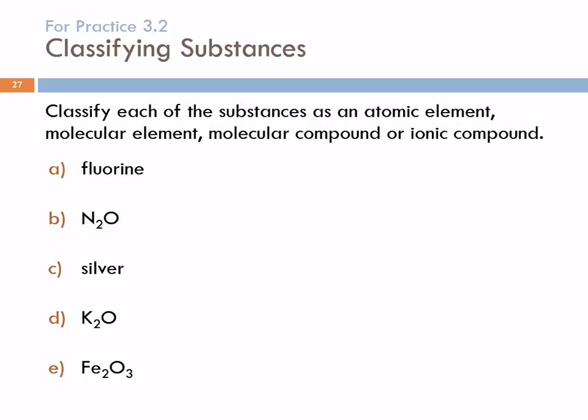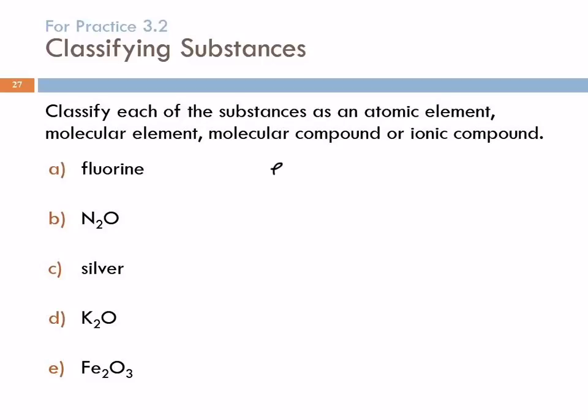So at this point, we should be able to classify substances as elements or compounds, and then as atomic, molecular, or ionic. So fluorine. Is this an element or a compound? It's an element.